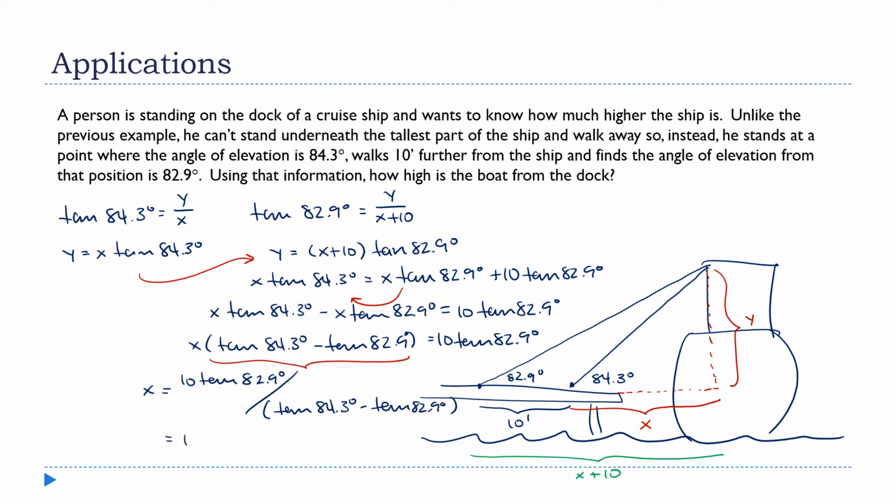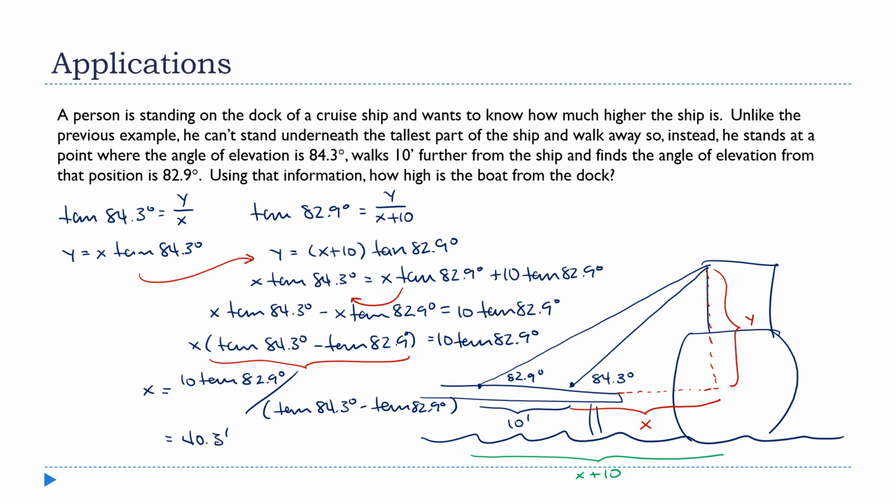My calculator says this is 103.8 feet, and that's the answer to my question. Because is it? Oh, wow, it's not. Sorry. That's x, and we were asked to find y. X is 40.3 feet.